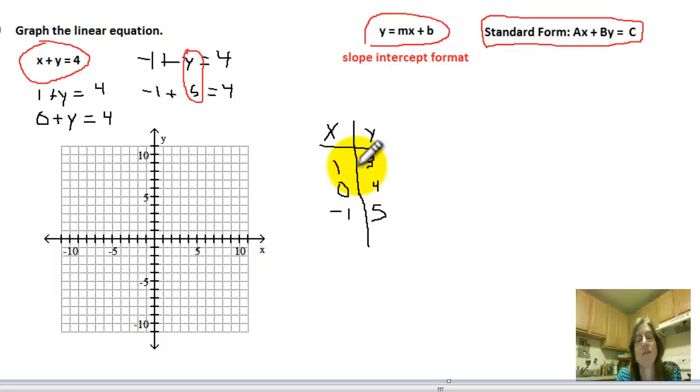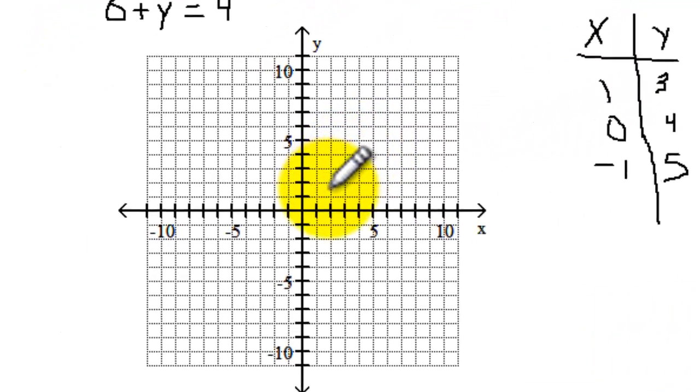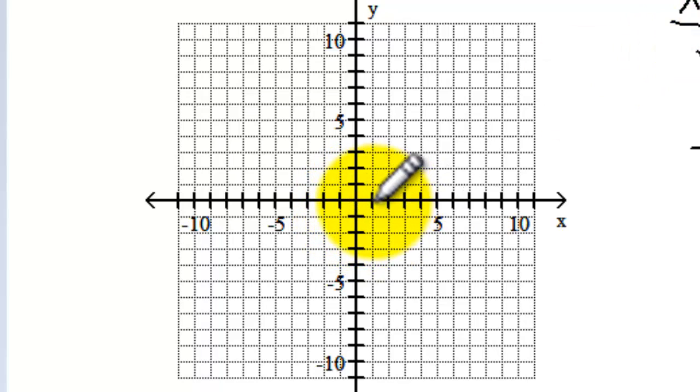Okay, now we have some points, and that's how we can graph this line, because we use these points to graph the line. Each one of these is an xy coordinate, where x is 1, y is 3. So we go over 1, and then up positive 3: 1, 2, 3, put a point there. We go to 0, that's x, and we go up 4: 1, 2, 3, 4, and there's a point for the line.